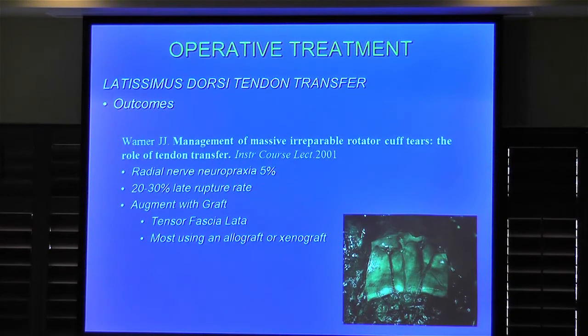This is Conexa, or the pig skin graft. Not very cellular, so the body doesn't have much of an immune reaction to it. But these can augment the strength of the repair to cut down on this late re-rupture rate. The other downside, a higher incidence of complication in regards to nerve injury than we're used to in shoulder surgery, up to 5%. Most of our complications are under 1%.